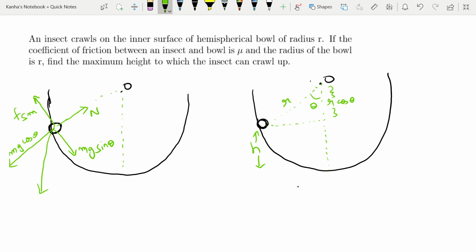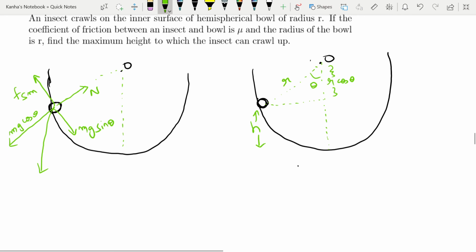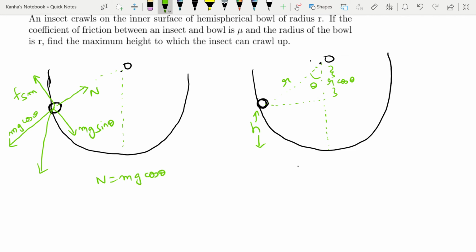So just balancing the forces here, I can see that N is equal to mg cos theta, whereas in the tangential direction we want there to be no net force because we want the maximum height to be reached.